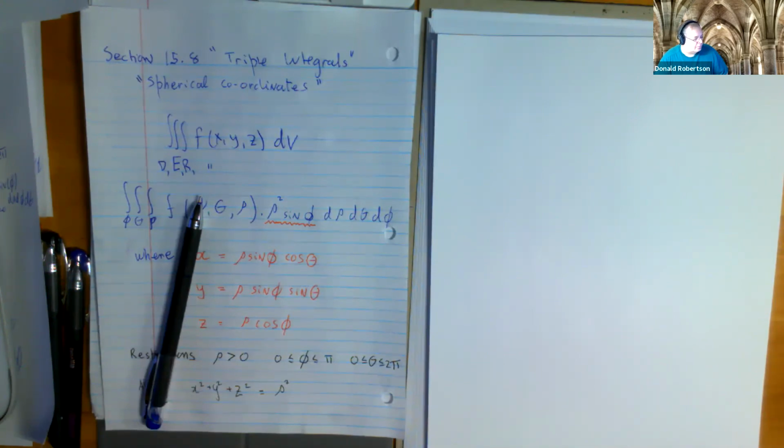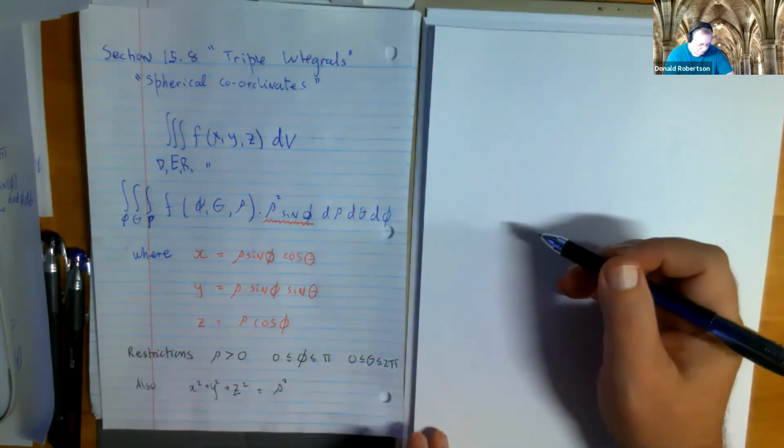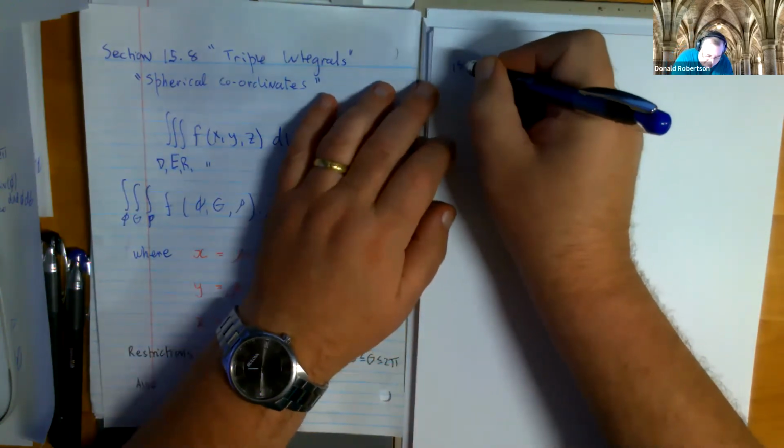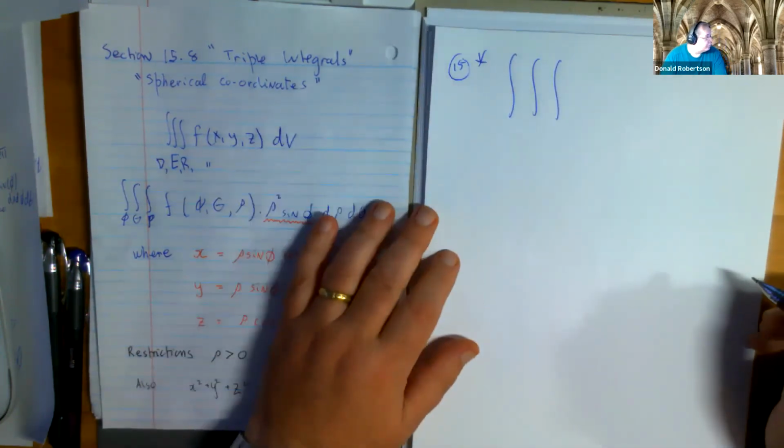Next couple of questions are evaluate by changing. Yep, we've got time. Evaluate by changing the triple integral from Cartesian to polar.